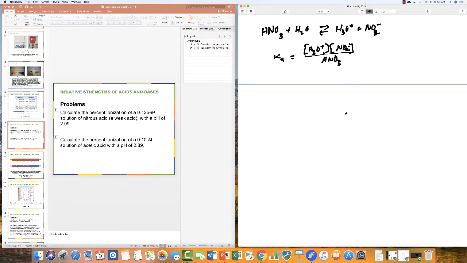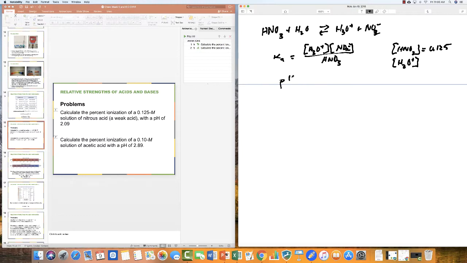Now what we've done here is we've told you two things. We've told you this number, so that the concentration of HNO2 is going to equal 0.125, and we've told you the hydronium ion concentration as well by telling you what the pH is.